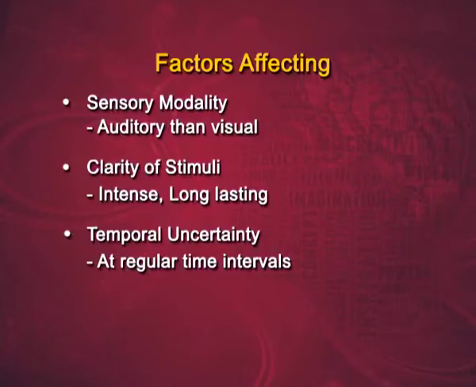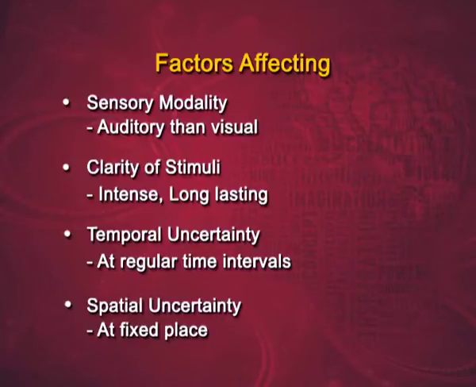Temporal uncertainty and spatial uncertainty are other factors affecting sustained attention. Things that occur at regular intervals of time and things that occur at fixed places are attended to for a longer duration than things that come for very brief intervals or occur at random places.